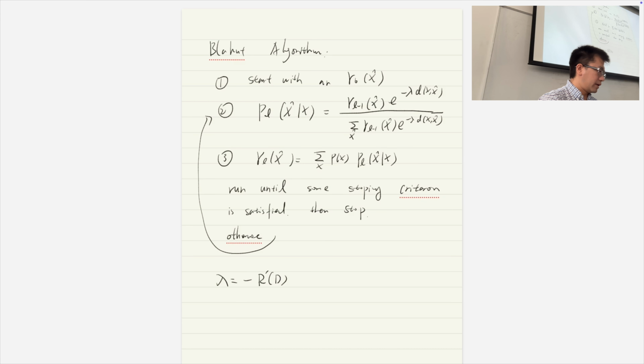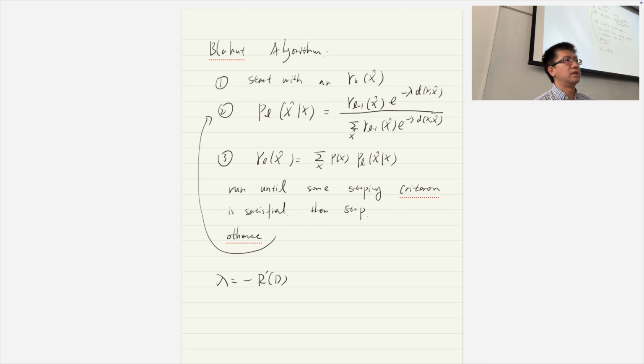All right, so this is basically the Blahut algorithm, and we can show that the algorithm will converge to the optimal RD. As we said before, this kind of algorithm may not converge to the optimal value in general. But as we said, if we have two convex sets and the metric is distance, then we can show it will converge to the global optimum. So here we can show the same thing.